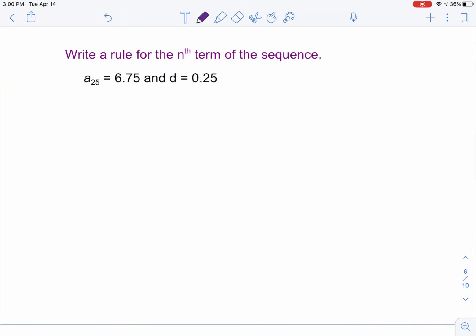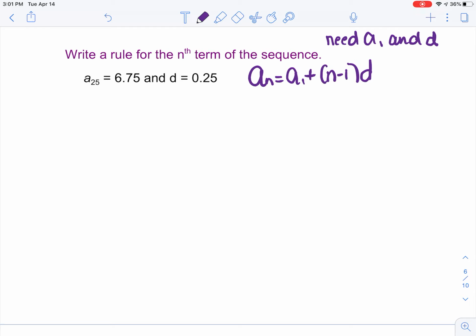All right, so for our next problem, we're going to write the rule for the nth term of the sequence. So if I have A sub n equals A sub 1 plus n minus 1 times d, to write the rule, I need A sub 1 and d.